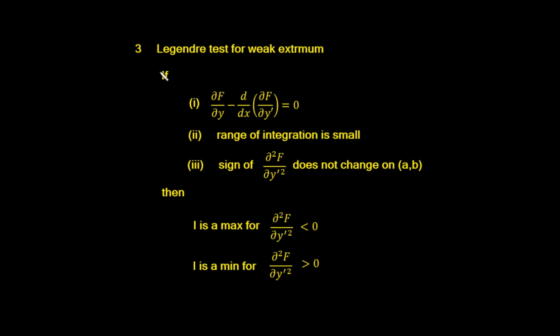So we said that if an extremum exists, that is, the Euler-Lagrange equation is satisfied, and the range of integration is small, and the sign of this part of the derivative, partial squared f by partial y derivative squared, doesn't change sign on the interval ab, then we can say that the extremum I is a maximum for partial squared f by partial y derivative squared less than 0, and it is a minimum for partial squared f by partial y derivative squared greater than 0.